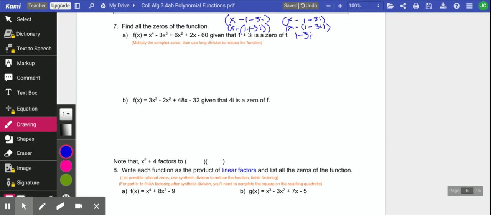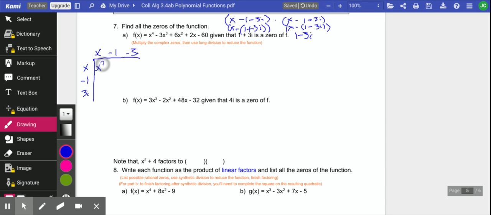What we can do is multiply these 2 factors together and then use long division to get our function down to something a little simpler. So I want to multiply these 2 things. I could FOIL the whole thing out, but I think I'm going to use the box method, just to be a little easier. So I'm going to do x minus 1 minus 3i here, and x minus 1 plus 3i here, and multiply using the box method.